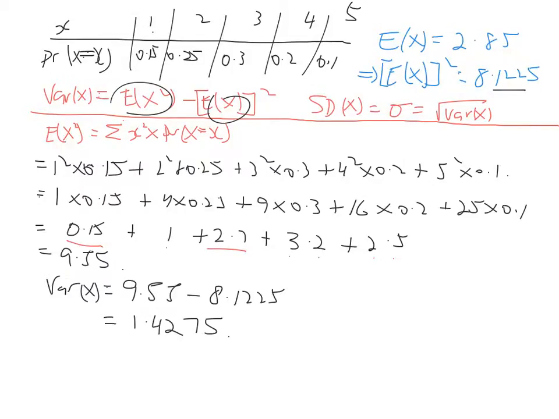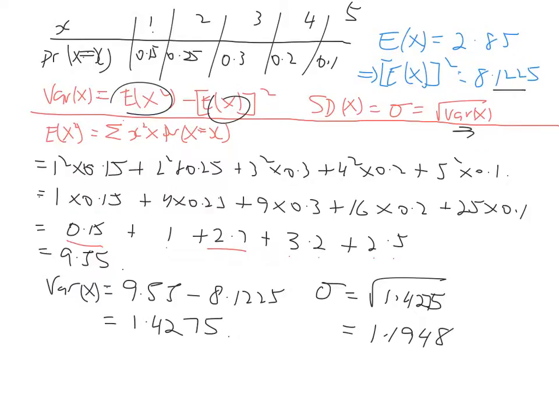Okay, so now the standard deviation will end up being the square root of 1.4275, as it is in the formula, and that comes out to 1.1948.